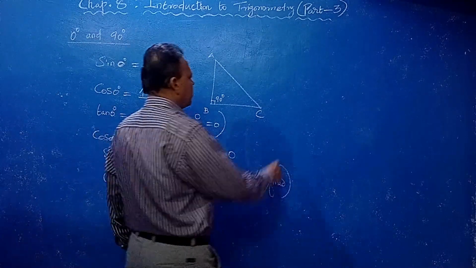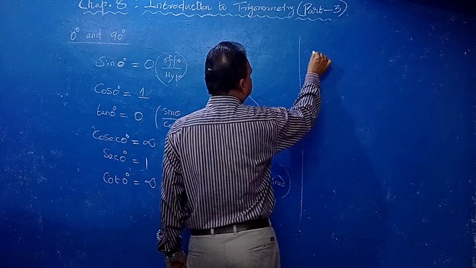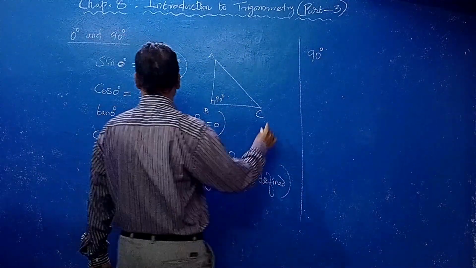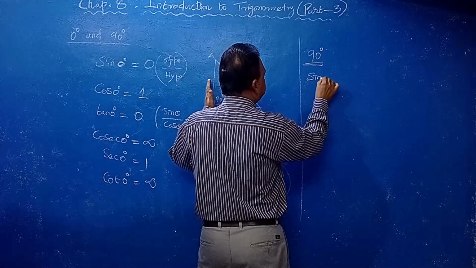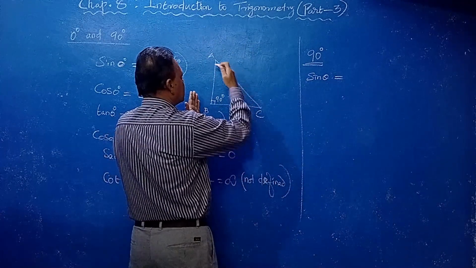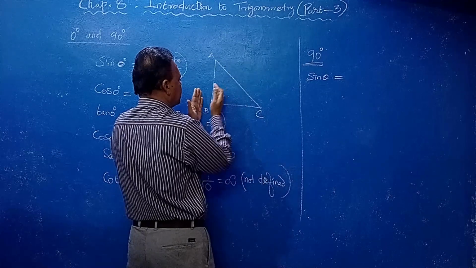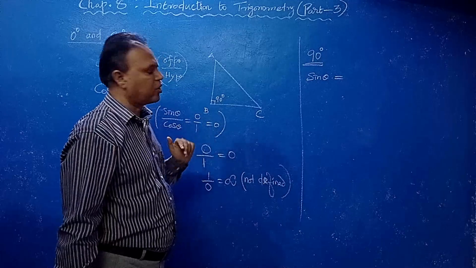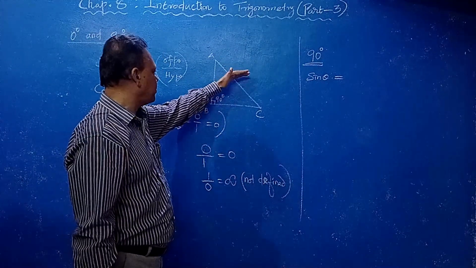Now we will see 90 degrees, the same way. Sin theta equal to this. 90 degrees means what? AB and AC are coinciding. Clear? You will not get any hypotenuse side. Both will be coinciding.